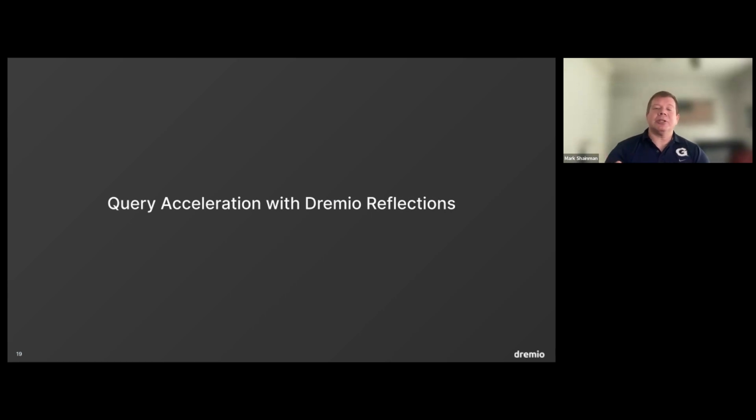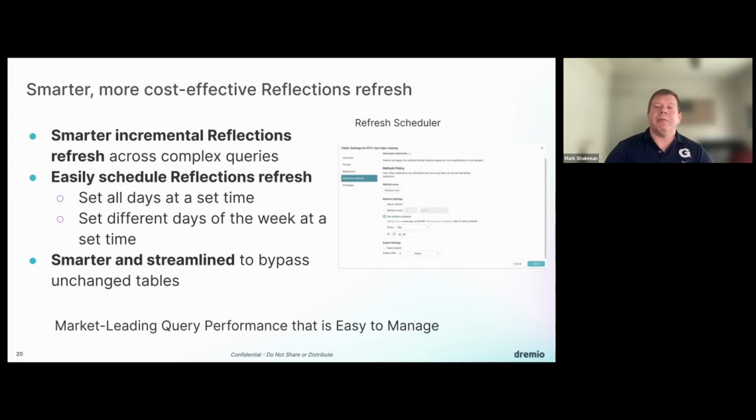So now on to query acceleration with Dremio Reflections. What we've brought to the table with this new capability is a smarter, more cost-effective reflection refresh. Now we actually do incremental refresh across complex queries.